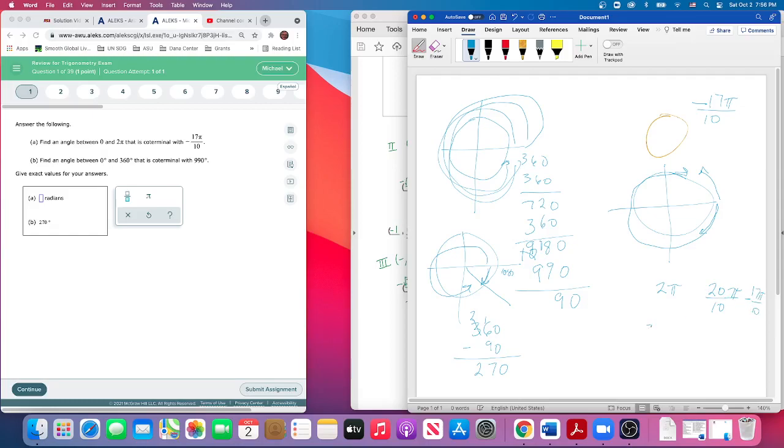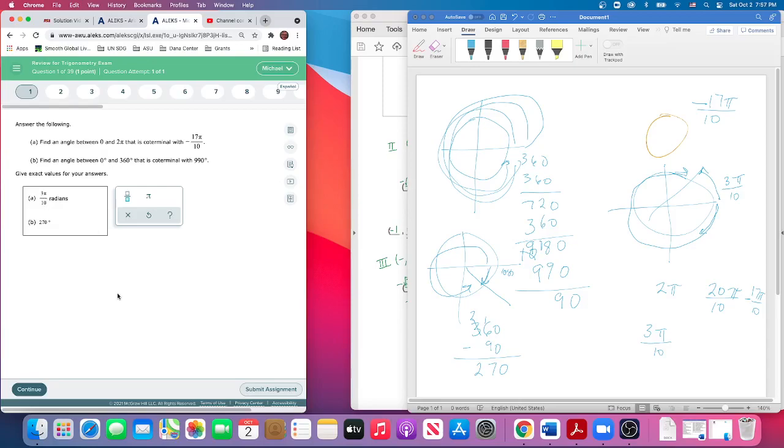It looks like 3 pi over 10, common denominator, so we just do that. From 0 in this direction, this is not to scale, this is 3 pi over 10. So let's put that in there, 3 pi divided by 10. And that's what we got.